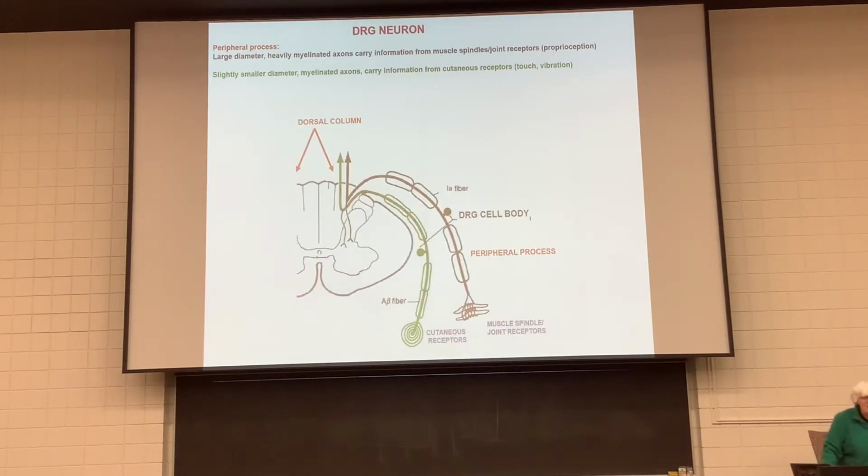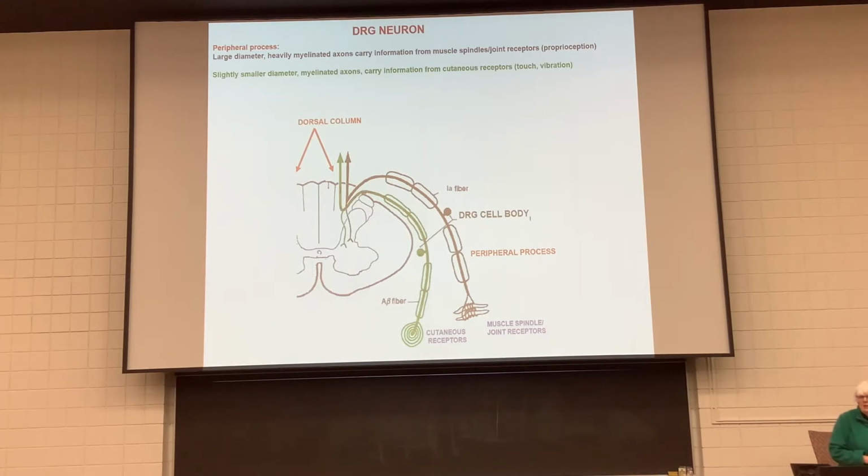So, first couple of slides are going to be a review of material that we've covered either last time or in the previous block. So, again, remember we're talking about sensory processing. The first order neuron is going to be our DRG cell, and we've been focusing primarily on receptors that are out in the skin.